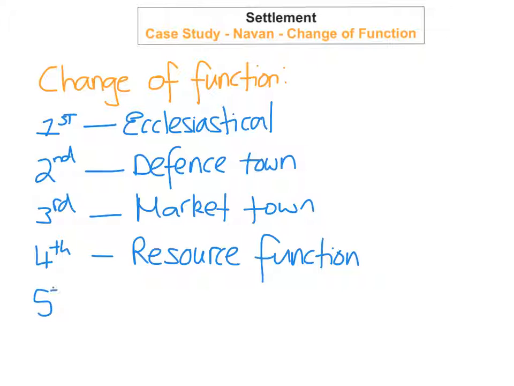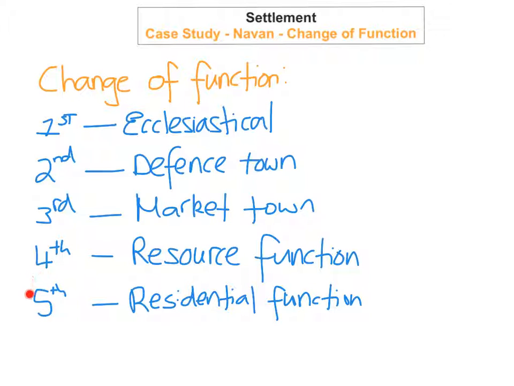We can say today it still does act as a resource function, but I think it's definitely changed to residential. The reason why it's changed to a residential function is because of its close proximity to Dublin, and because of the development of transport routes, particularly the M3, which connects Dublin to Navan.